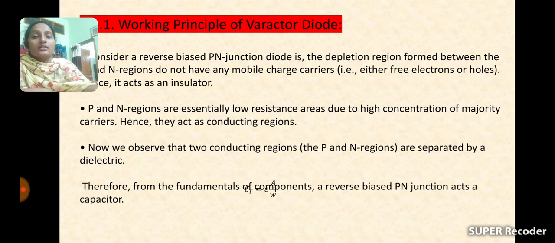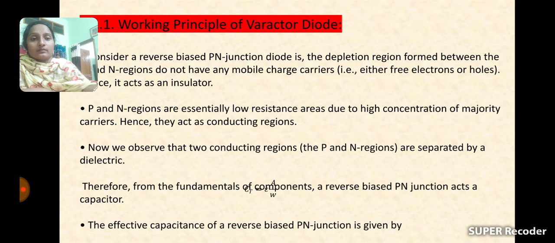The P and N regions are essentially low resistance areas due to the high concentration of majority charge carriers. Hence, they act as conducting regions. Now we observe the two conducting regions are separated by a dielectric. Therefore, from the fundamentals of components, a reverse biased PN junction acts as a capacitor.